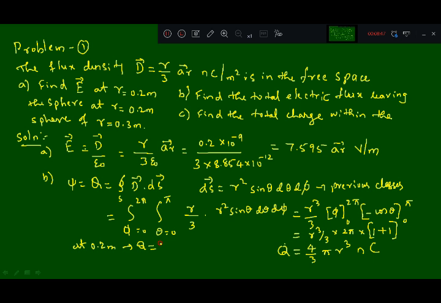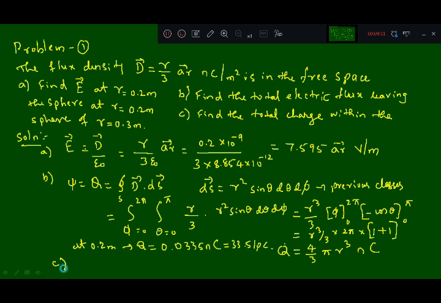That is, or we can write it as 0.0335 nanocoulombs, or you can write it as 33.51 picocoulombs. Then they ask at point 3.